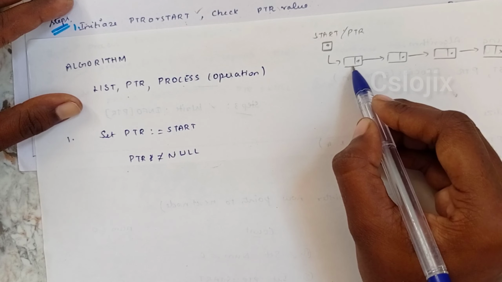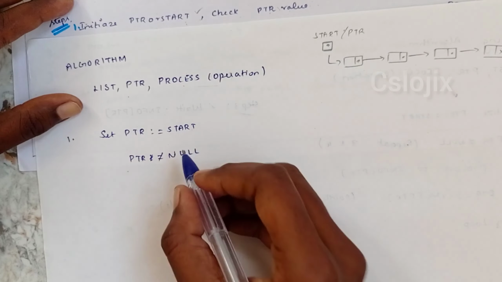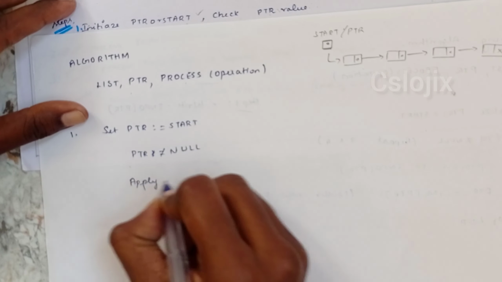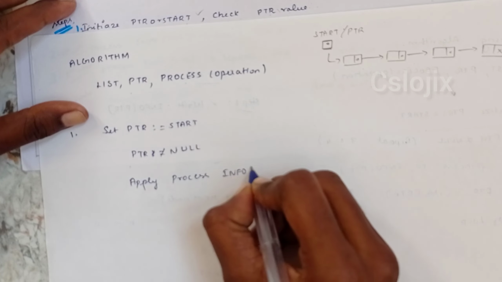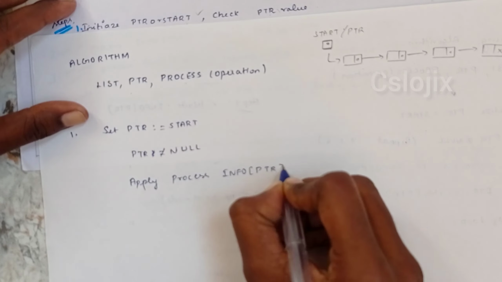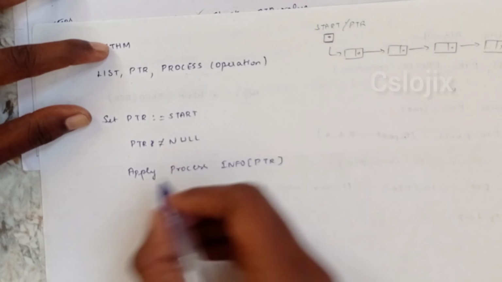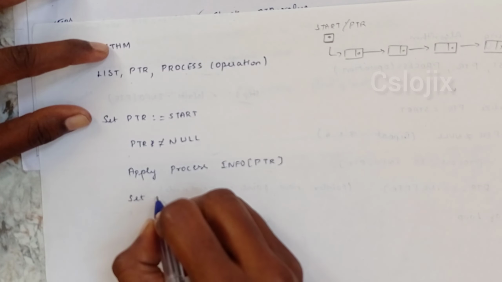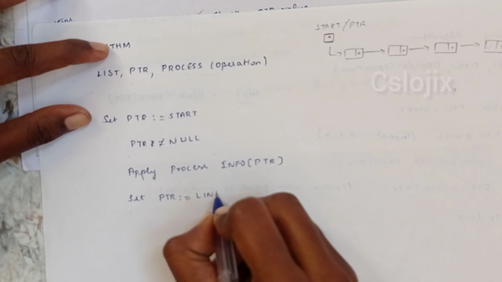Again it moves to the link of the pointer. So we apply process to the info part, info of pointer. Once it is done, it will automatically update to the link. So set pointer equal to link of pointer.